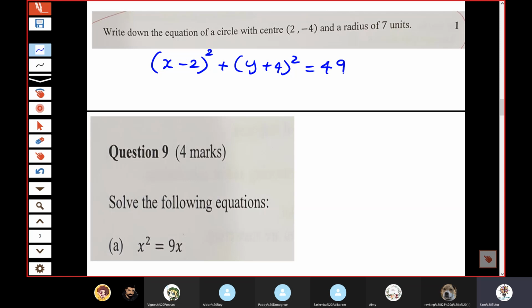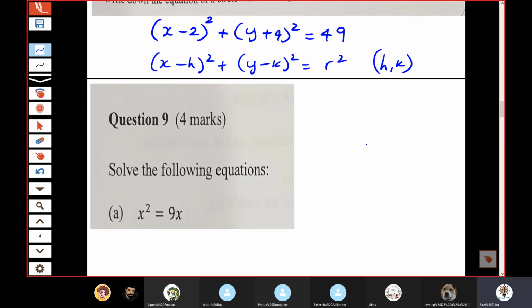Well done, Ethan. That's fantastic. That is a circle. X minus 2 squared plus y plus 4 squared equals 7 squared, which is 49. Amazing. Well done. So the general formula for a circle is x minus h squared plus y minus k squared equals r squared, where h and k are the center.